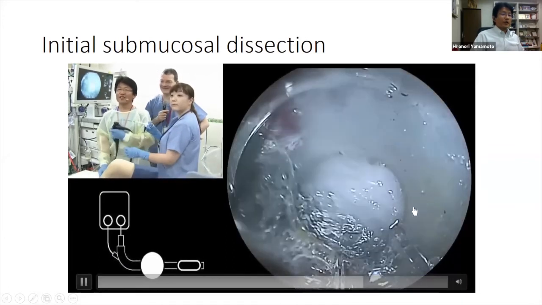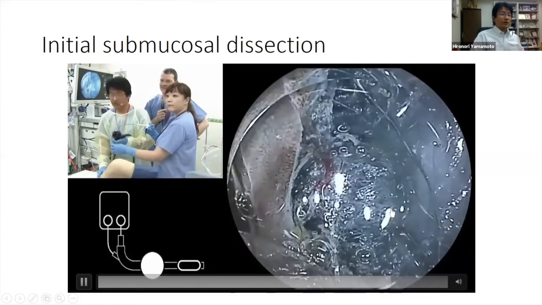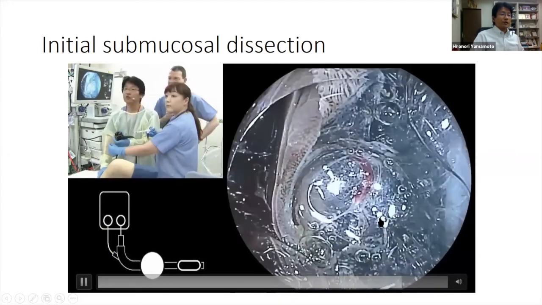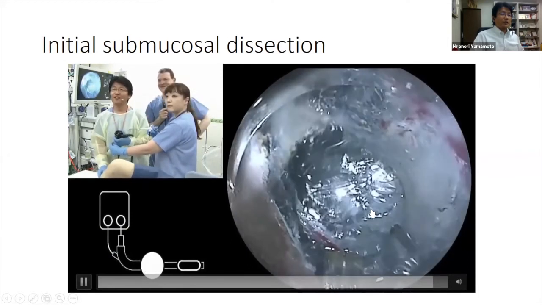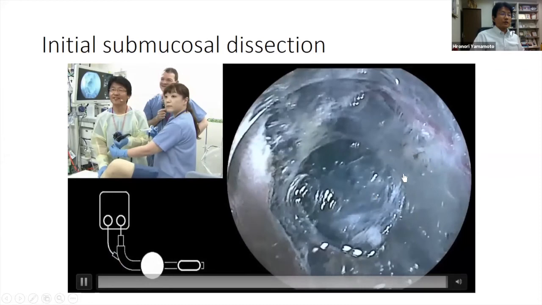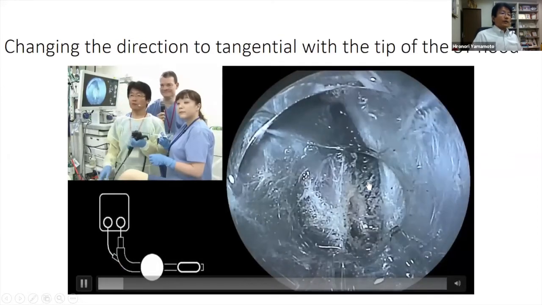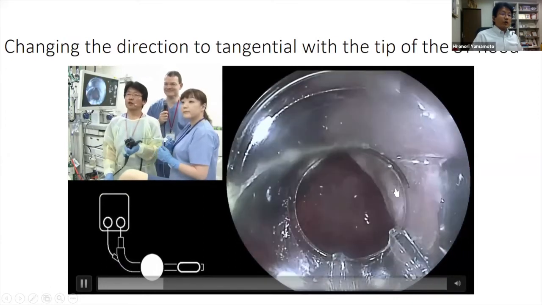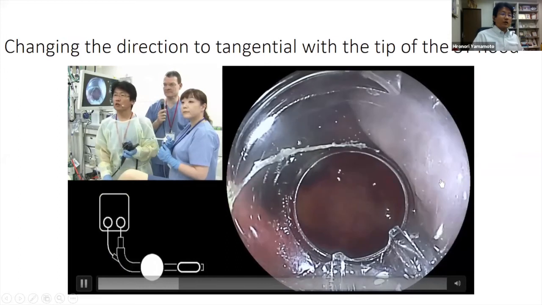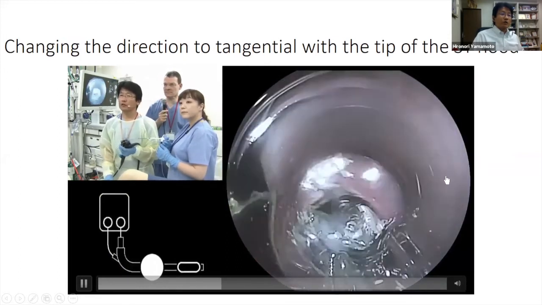This is the muscle layer. Muscle layer is whitish. Change the direction and make it safe and dissect. Okay. And you see, this is the pocket. And remember that the lesion was located on the fold.